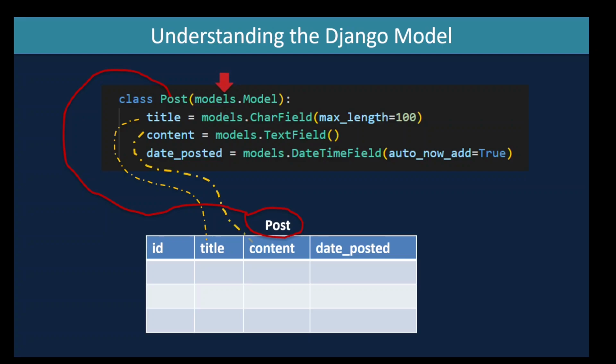Content is also another attribute of the Post table, and date posted is another attribute. Here I have not created an ID because when you create any model in Django, the ID will be auto created. So in this Post class you will not see the ID instance variable. If you want to override it, you can, but there is no use.